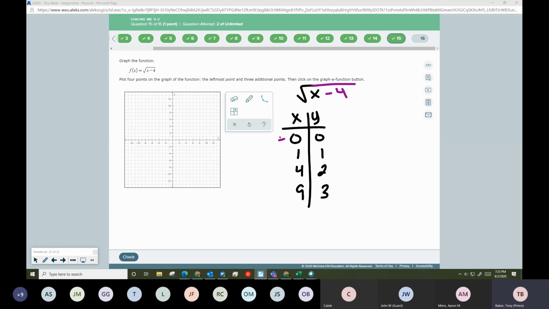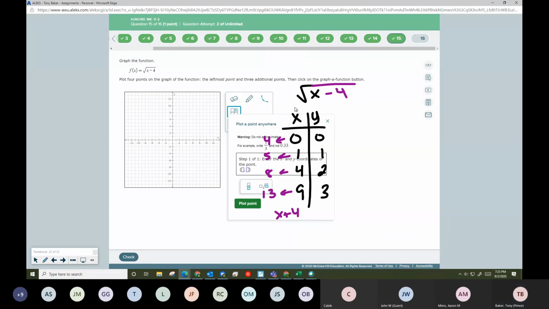So I'm going to add 4 to all my x's. So I did the x plus 4. And now those are my points I'm going to graph. So if it's inside, I do it to the x. Like the last one, it was outside, so I did it to the y.